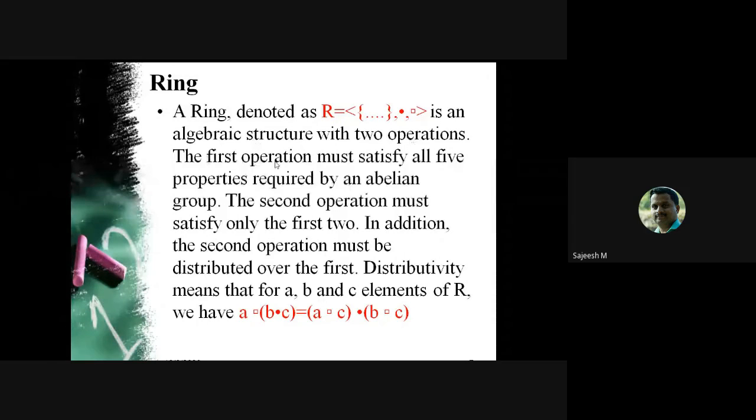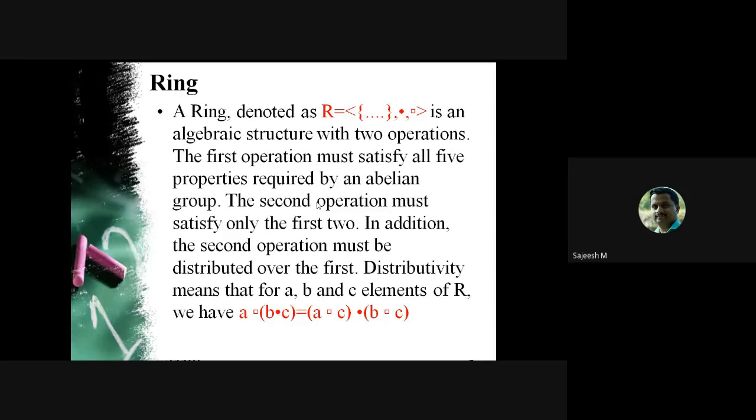The first operation must satisfy all five properties required by an abelian group: closure, associativity, existence of identity, existence of inverse, and commutativity. All properties must be satisfied.